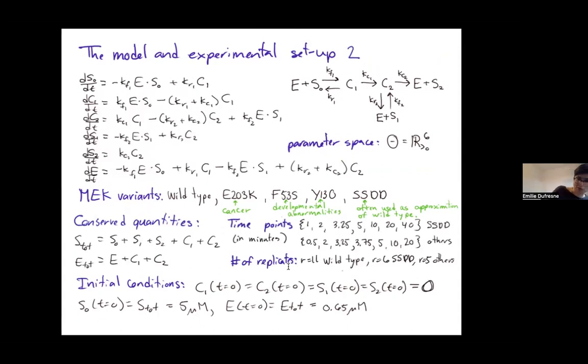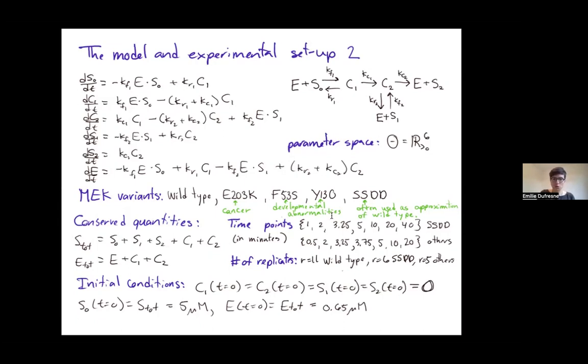Okay, so we've passed to the second one. I've got here the system of ODEs. That's nonlinear ODEs in 6 variables with 6 parameters. There's a couple of conserved quantities, which are linear relations between the lines here. And I'm adding some extra data.